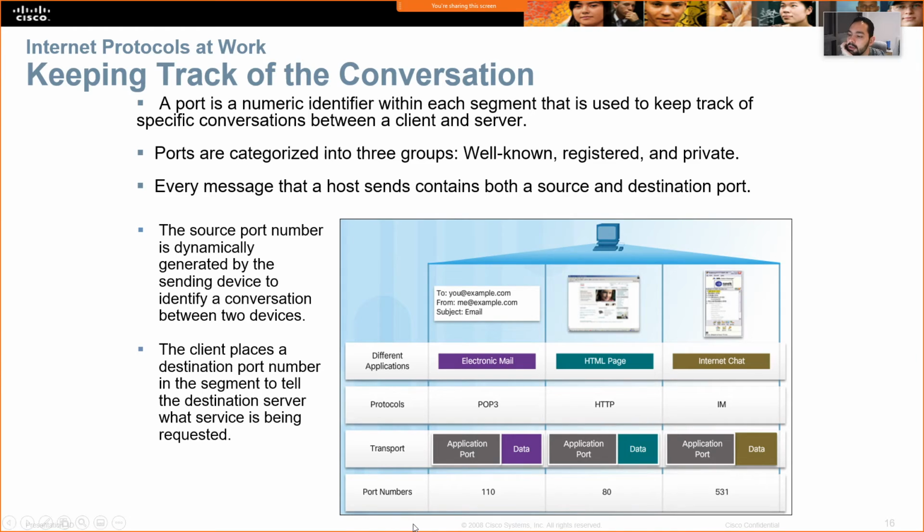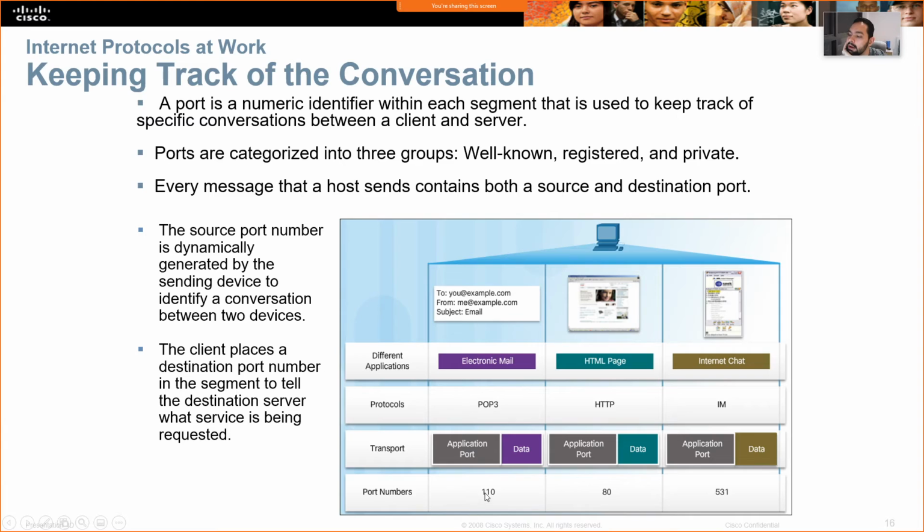If you're browsing the web for a web page, it's going to use the HTTP protocol, and HTTP uses port number 80. Okay? If you're using an internet chat, and this internet chat uses IM as the protocol, the port number is 531.